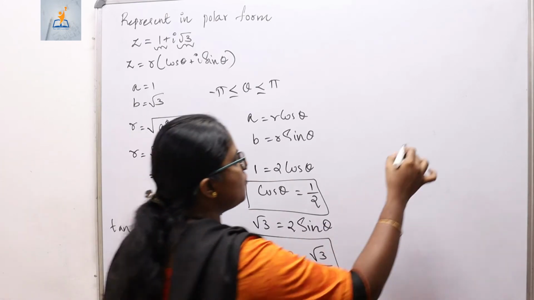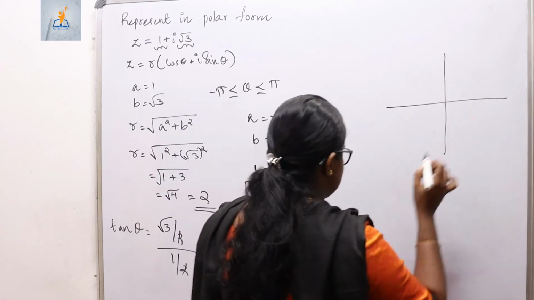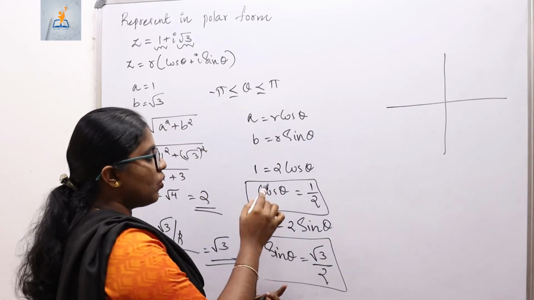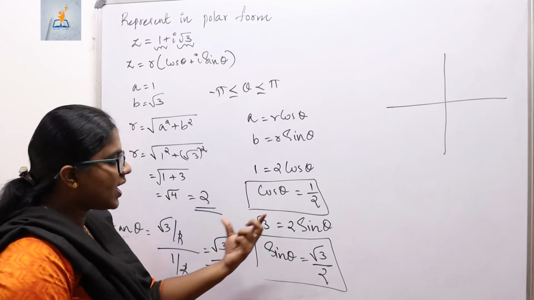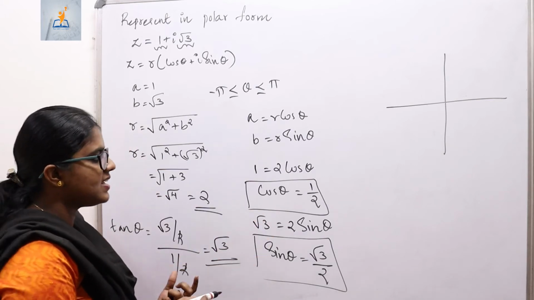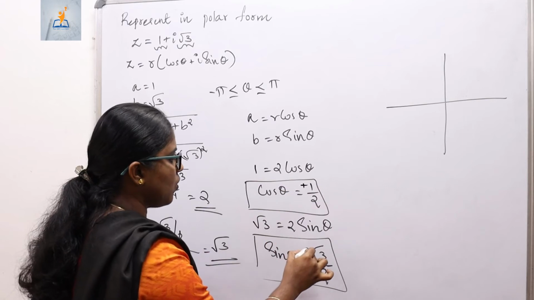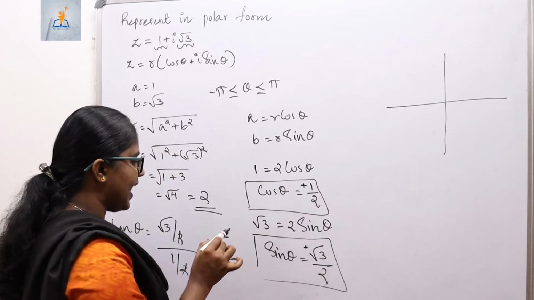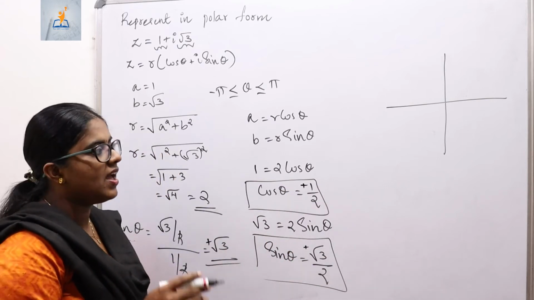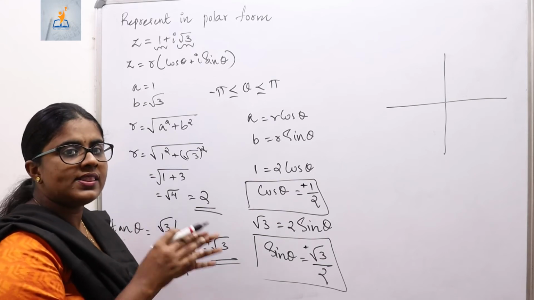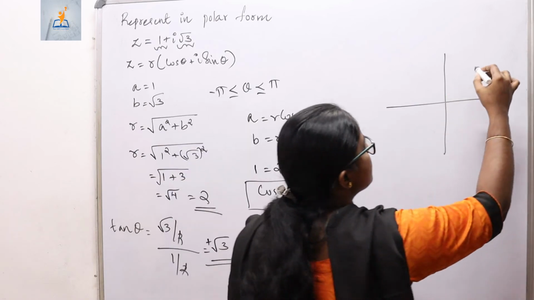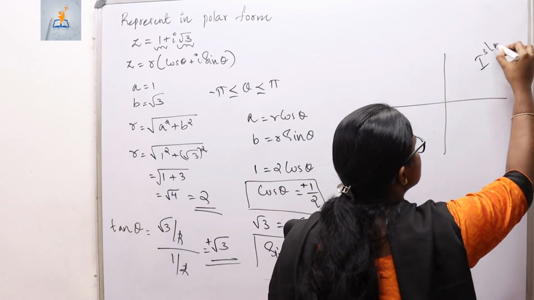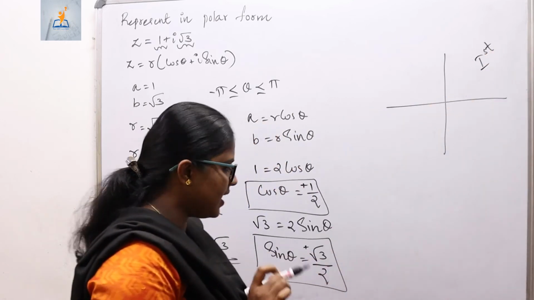So we got sin theta as root 3 by 2, cos theta as 1 by 2 and tan theta as root 3. Looking at these values, we can easily identify that cos theta, sin theta and tan theta are all positive, and all the trigonometric values are positive only in the first quadrant. So this is the quadrant where theta lies.